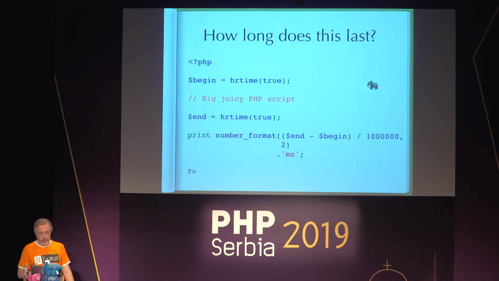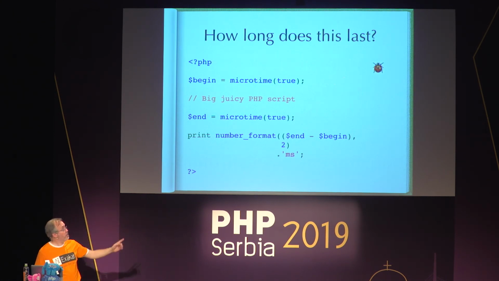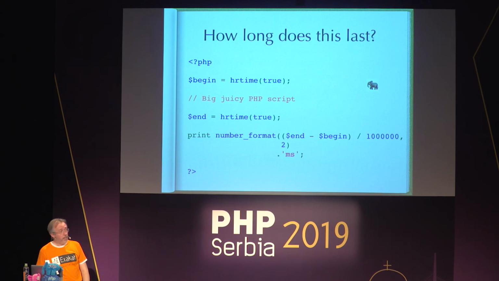On 7.3, there is hrtime, which has exactly the same API except for the name of the function call. And this one is actually for high resolution time. So it means that it will actually be nanoseconds. If you compare the number format I do with the previous one, I can make the difference there. The second one, I actually have to divide by 1,000,000 to get milliseconds.